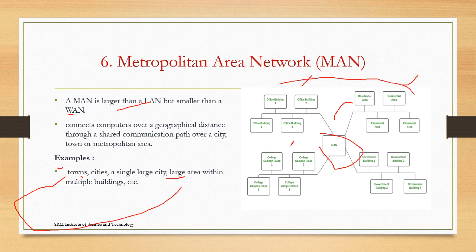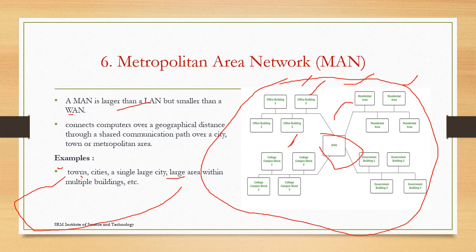So you can imagine this one is a city. In the city, a college building is there, residential area is there, office building is there, and some government building is there.